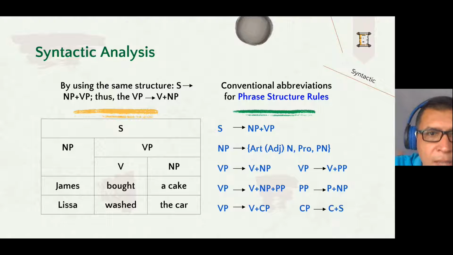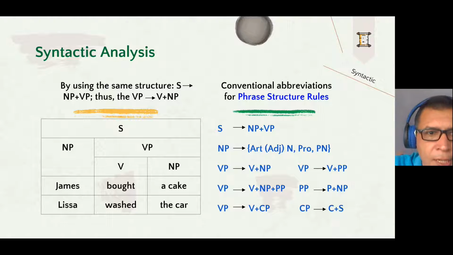Thus, the verb phrase has the verb and another noun phrase. Look at this chart. The sentence has a noun phrase and a verb phrase. In this case, the noun phrase is James, the verb is bought, and the noun phrase is a cake. These other two components form part of the verb phrase. So we have an entire idea.